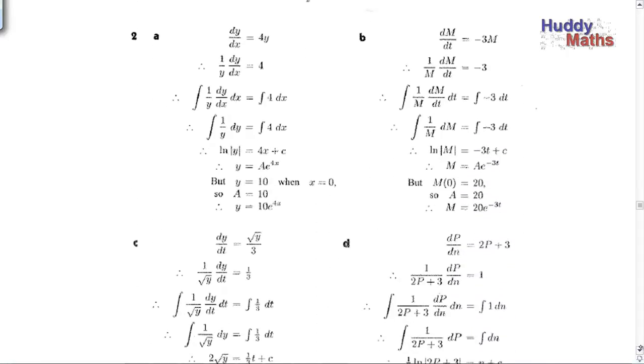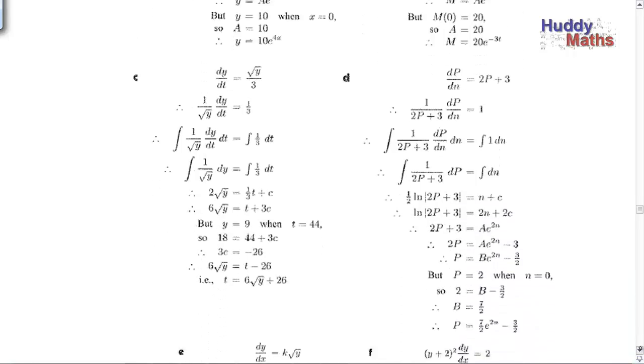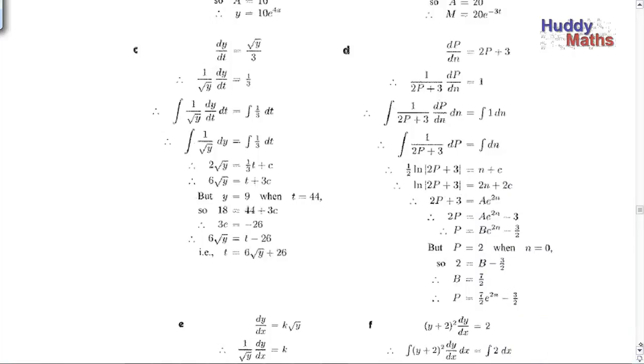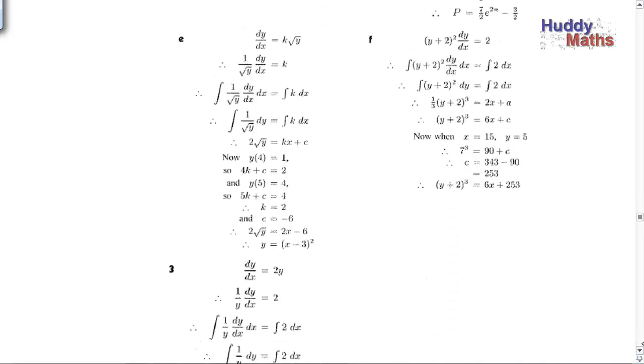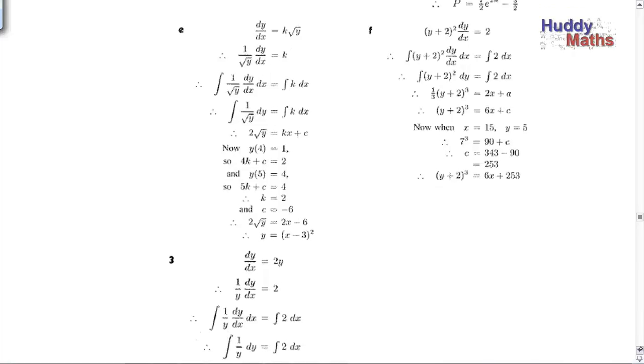A and B for question 2. And C and D. E and F. And let's look at question 3.